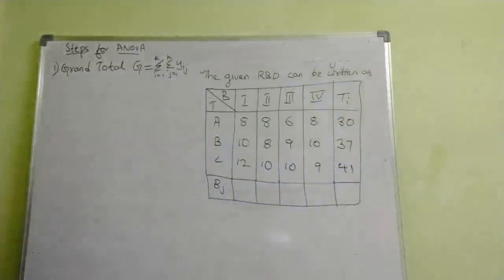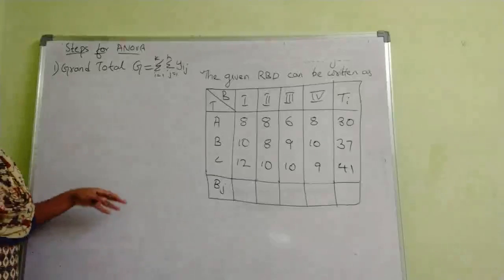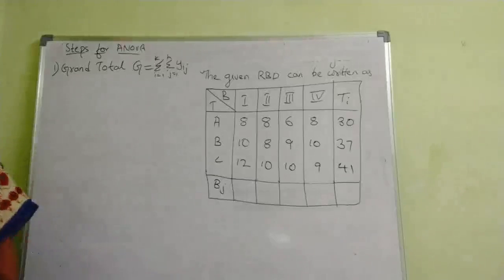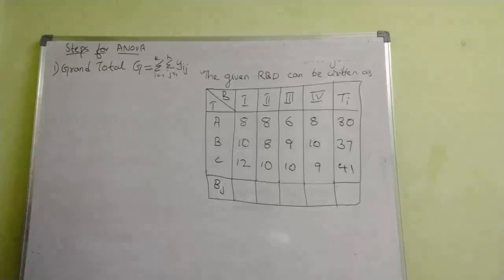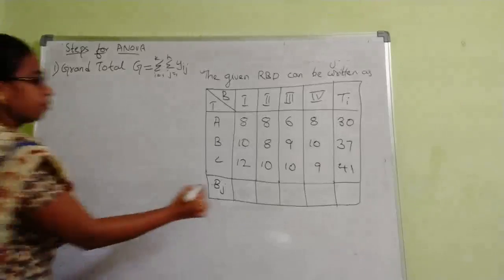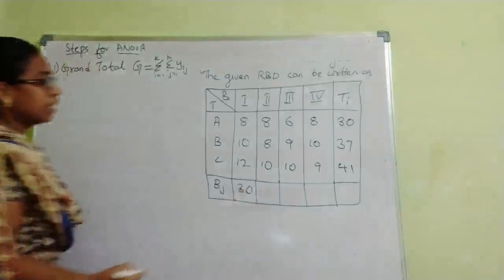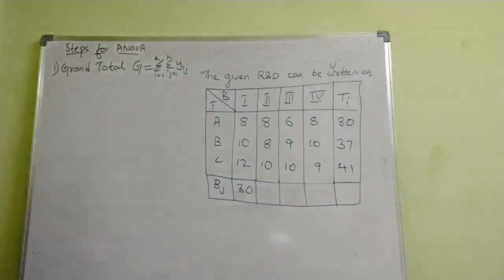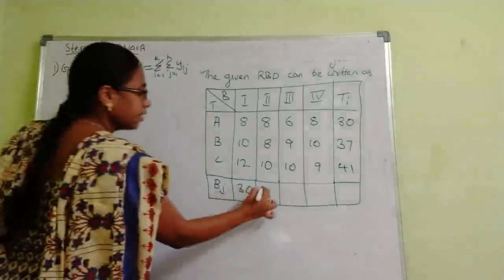Now similarly, add up all the block values, that is Bj. So I am denoting block totals as Bj. So add the values, 10 plus 8, 18 plus 12, it is 30. Next, similarly, 8 plus 8, 16 plus 10, 26.